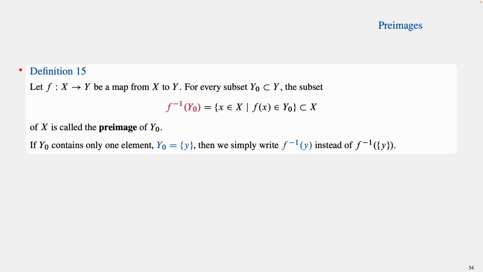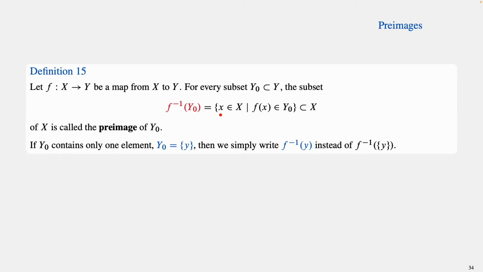And in a way, the converse of the image is the following. Again, we have our map f from X to Y. And for every subset in the codomain, let's call it Y0, we can look at the pre-image of this subset, and we denote this by f^-1 of Y0.